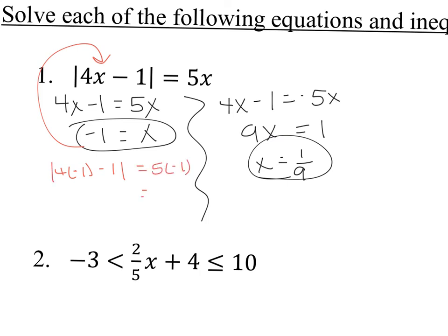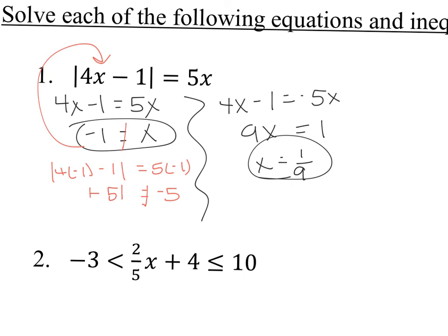If I automatically solve the right side, I get negative 5. Is there any way on this left side that I'm even going to get a negative answer? No, because it's an absolute value sign. So I already know 4 times negative 1 is negative 4, and then minus 1 is negative 5, but then when I do the absolute value of it, that doesn't equal this. So x equals negative 1 is not a solution. It's an extraneous solution.